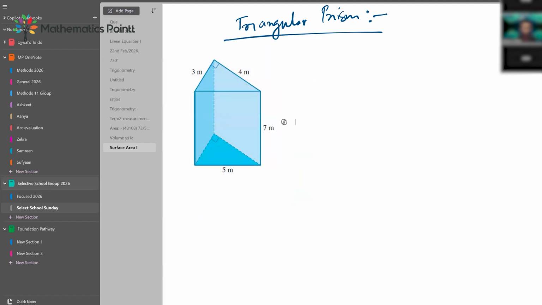Now, how many faces does a triangular prism have? Anyone has any idea? Yes, 5 faces. What are those 5 faces? Let's quickly check. We've got two triangles, and then 1, 2, and the front face 3, 3 rectangles.